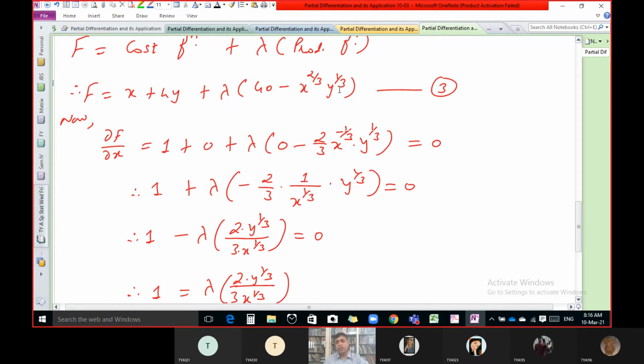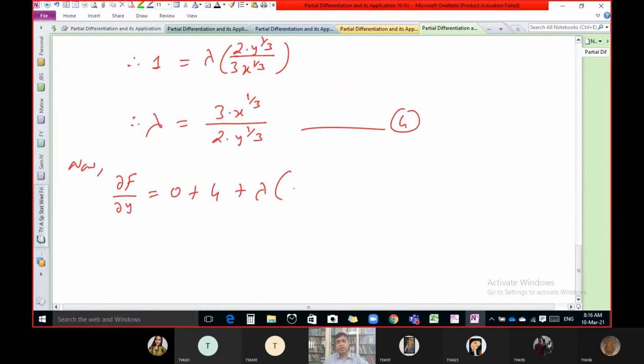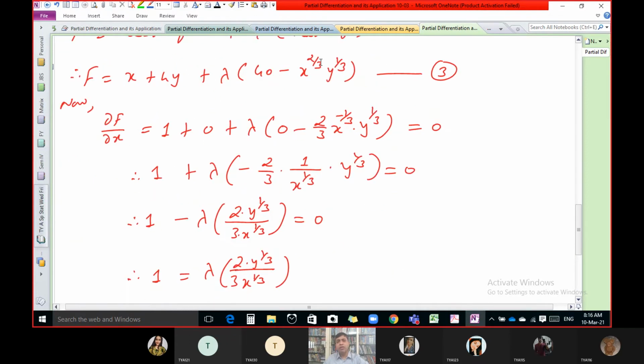Now differentiate this with respect to y. So the derivative of 40 is 0. This x raised to minus 2 by 3 is a constant, into, now tell me the derivative of y raised to 1 by 3 with respect to y.